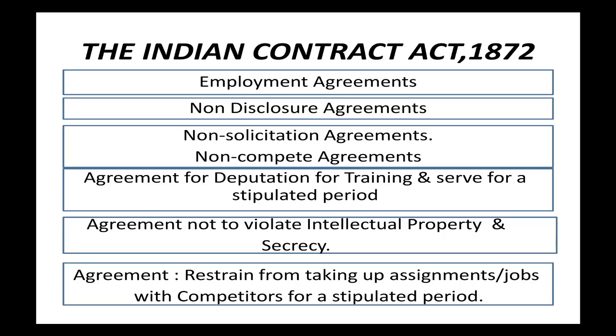Now I would like to focus on the various types of contract we really enter into in the corporate sector. We enter into a lot of contracts. For instance, employee agreements, non-disclosure agreements, non-solicitation agreements, and non-compete agreements. The agreement of deputation, to train and serve for a stipulated period, that we also do. And agreements not to violate intellectual property and the secrecy of the company.